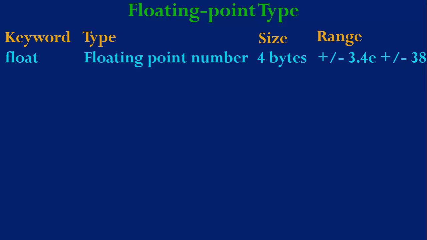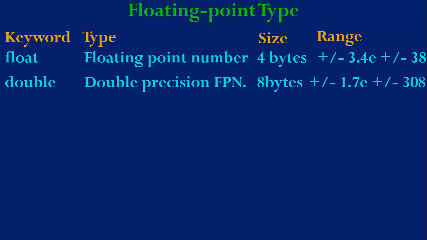The next data type is double, and as the name suggests, its size instead of 4 bytes is 8 bytes, and its range will be plus or minus 1.7 to the power of plus or minus 308.